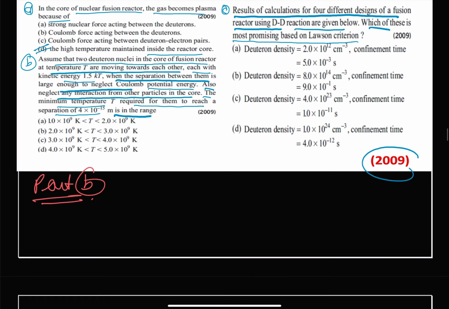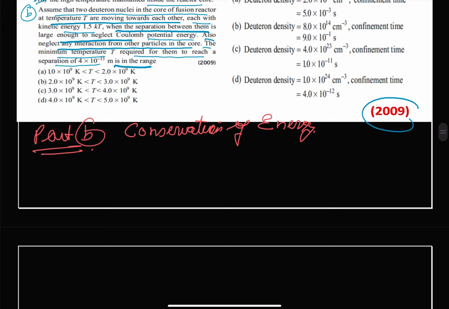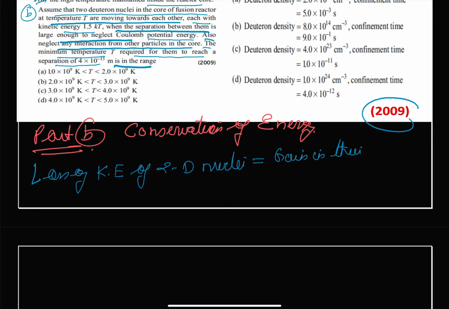So conservation of energy: we have loss of kinetic energy of two D nuclei will be equal to gain in their potential energy.